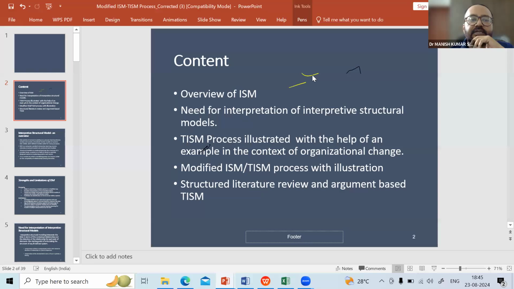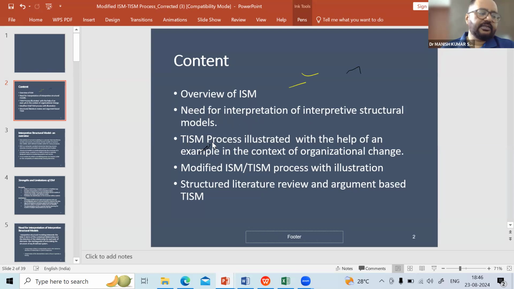So I told you that before going to Total Interpretive Structural Modeling, we have to know a little about ISM. ISM is an old technique. We will be talking a little bit about ISM, and what is the need of Interpretive Structural Modeling.